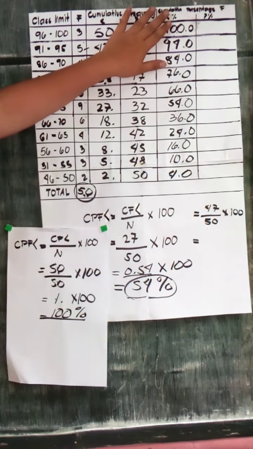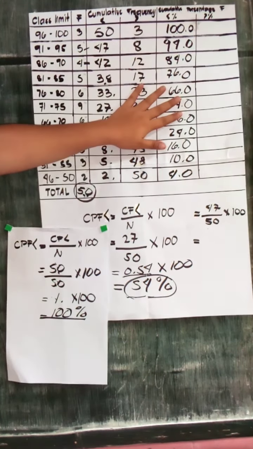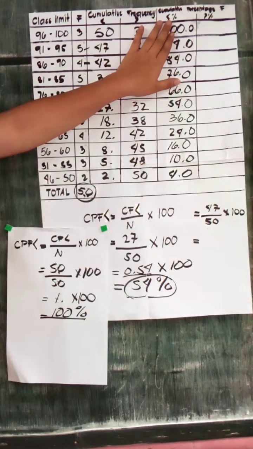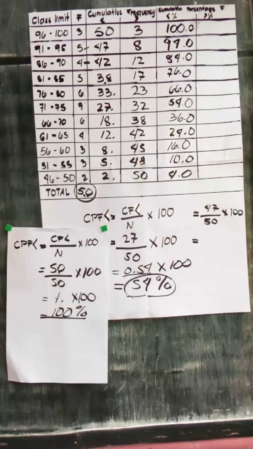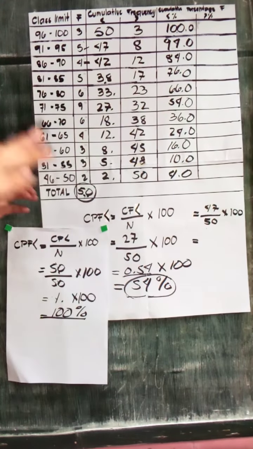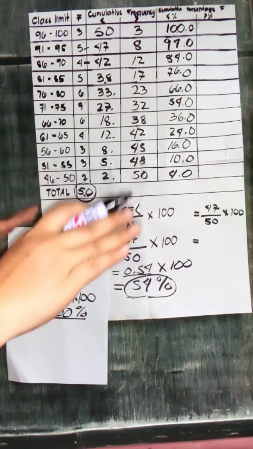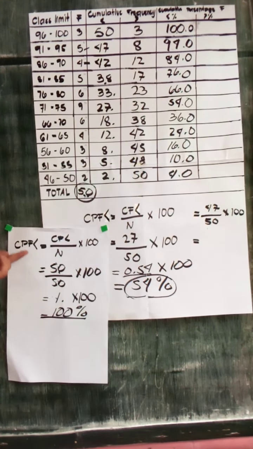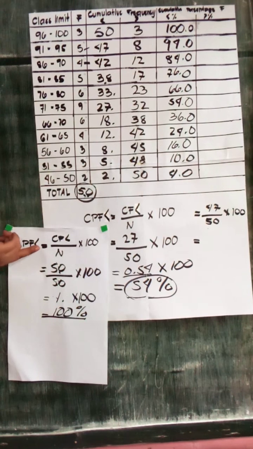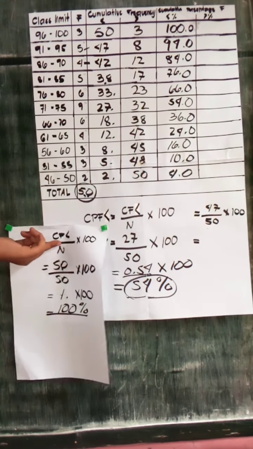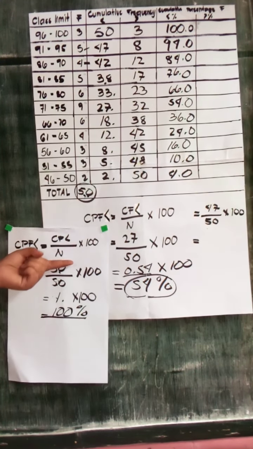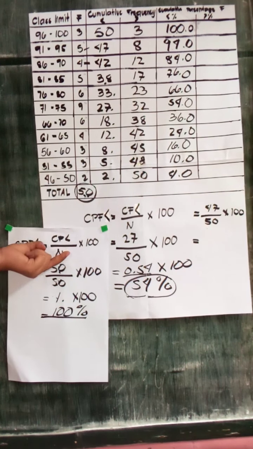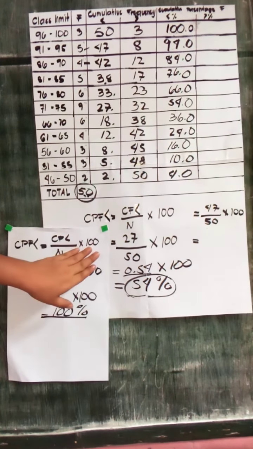So, this is how to find the cumulative percentage frequency lesser than. So, this is the formula. We have CPF lesser than equals CF lesser than over the number of cases times 100.